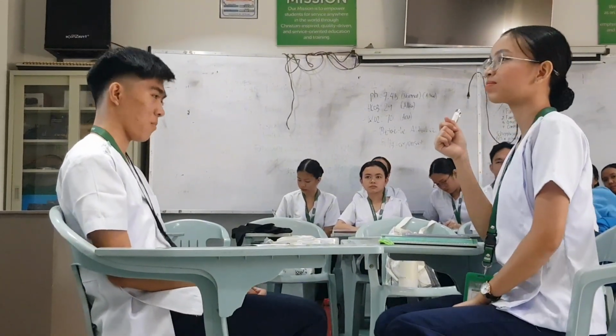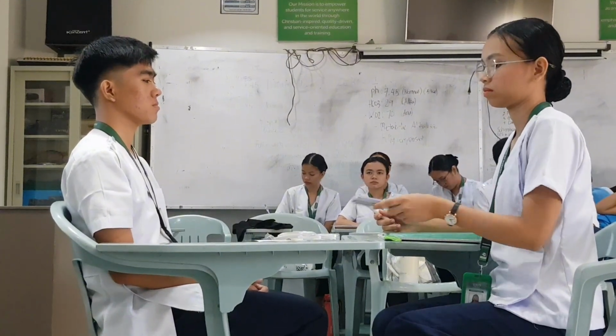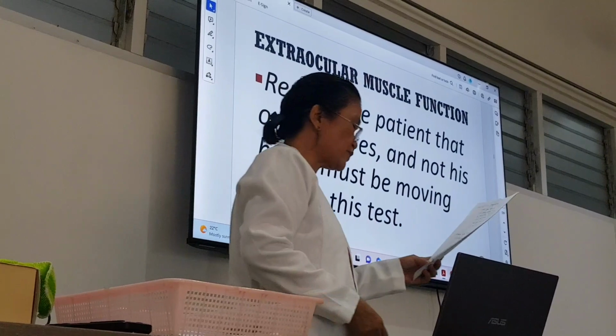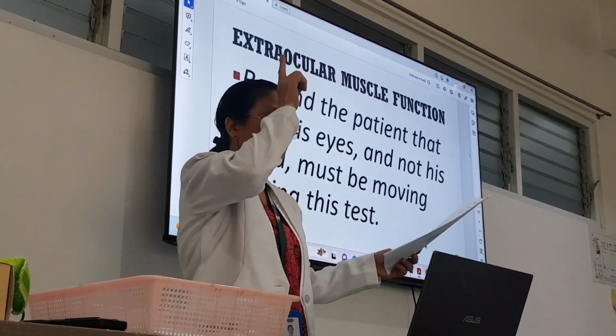Mr. Gabriel will only move his eyes, not his head, while the object is moving. Your 6 cardinal gazes: superior rectus is an upward movement.